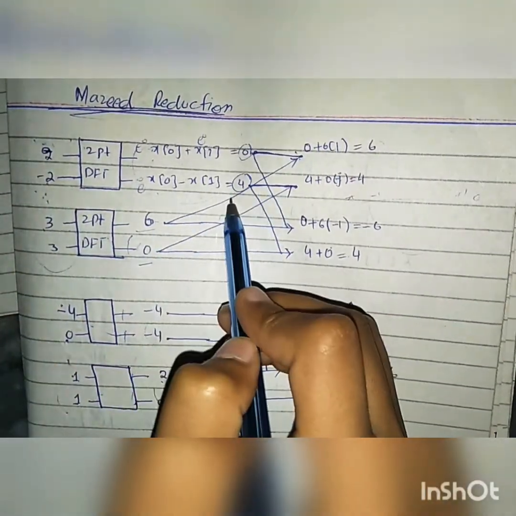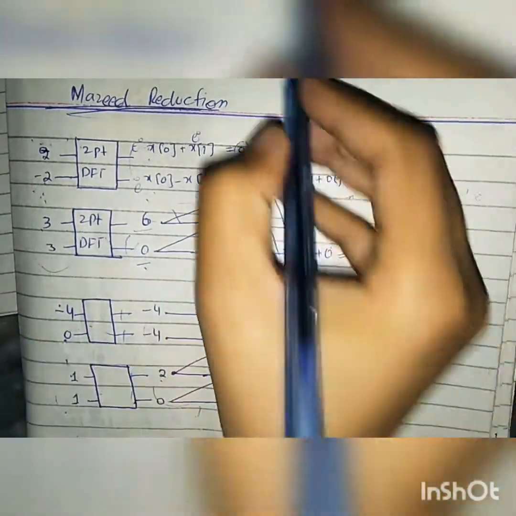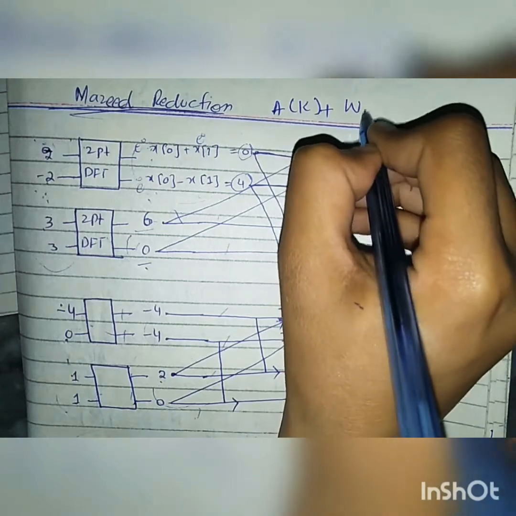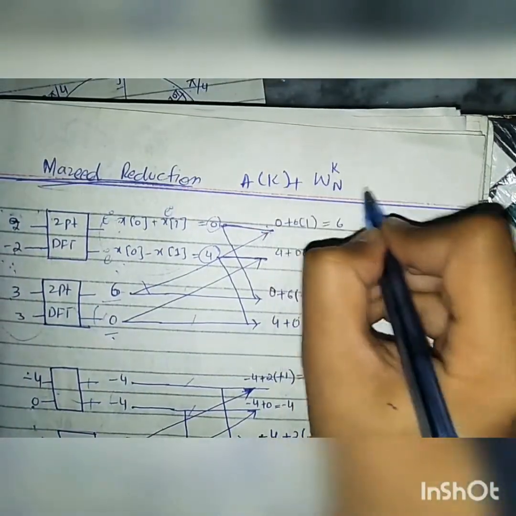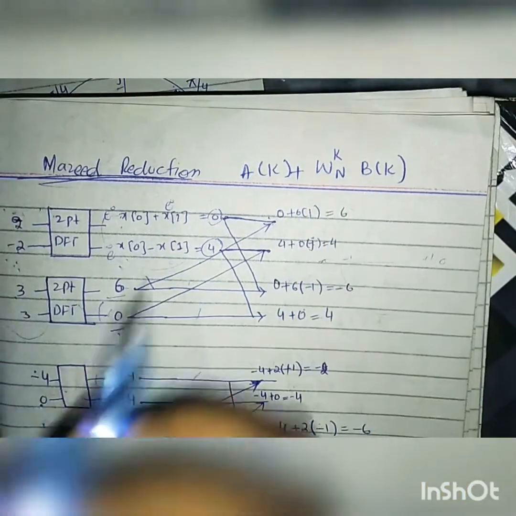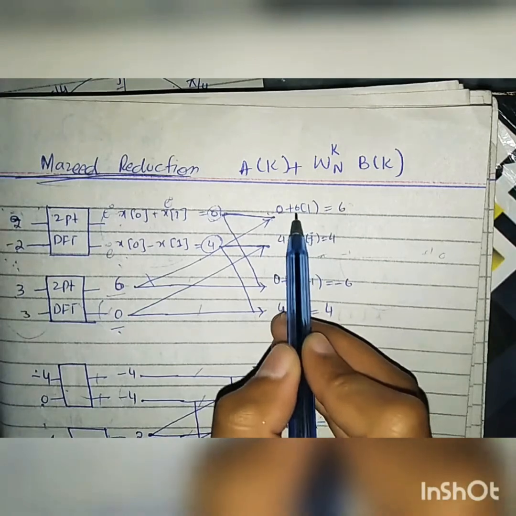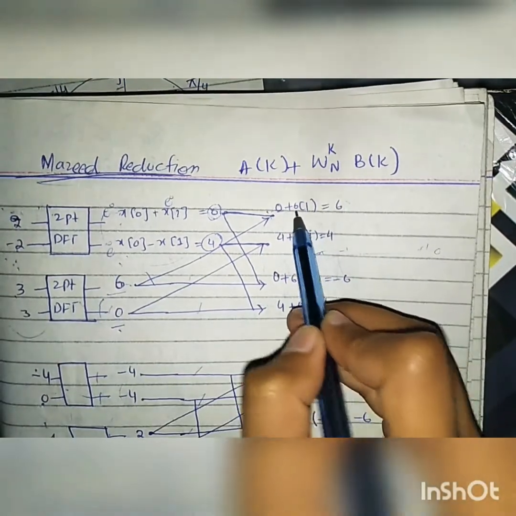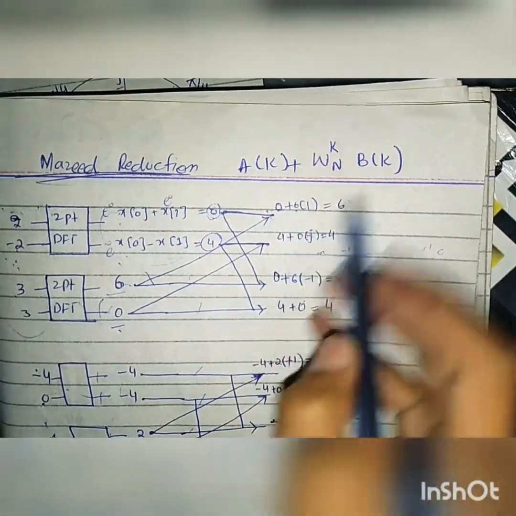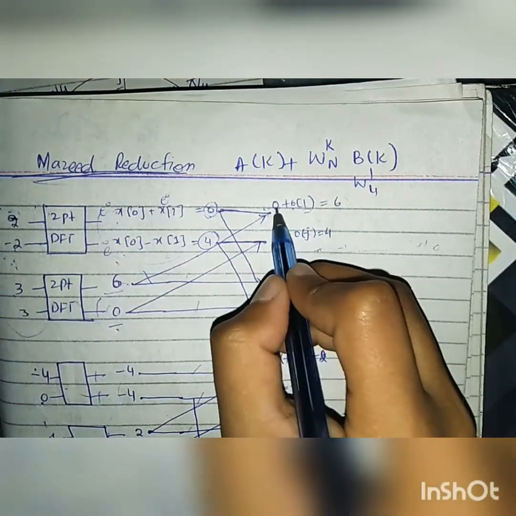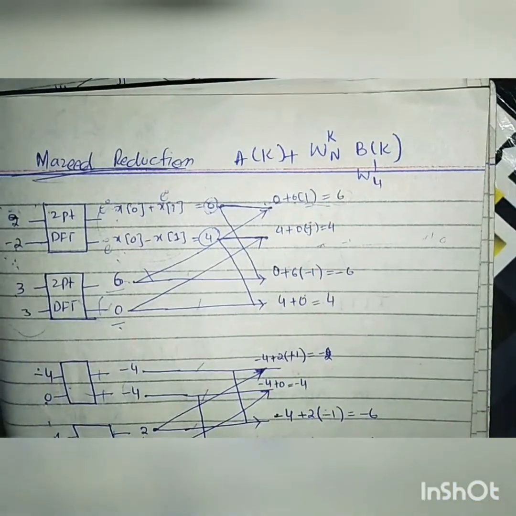Now these are even terms and these are odd terms. We are again going to use that formula, a of k plus w and k b of k. By using that formula, what we will get here: this is a of k 0 plus this is b of k 6, and w 4 of 1 will be 1, so I'll use 1 here and this will become 6.